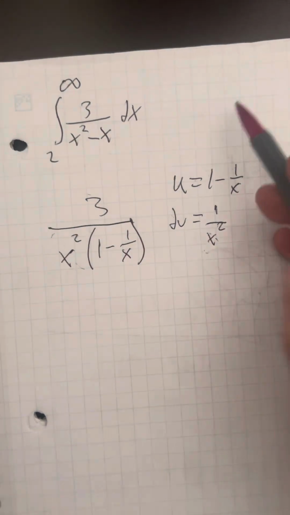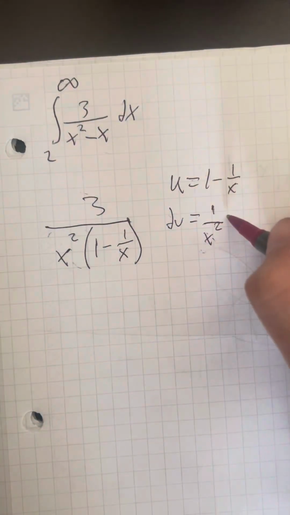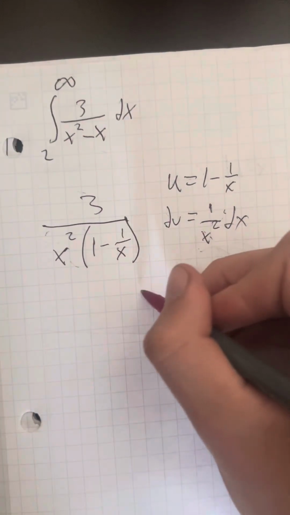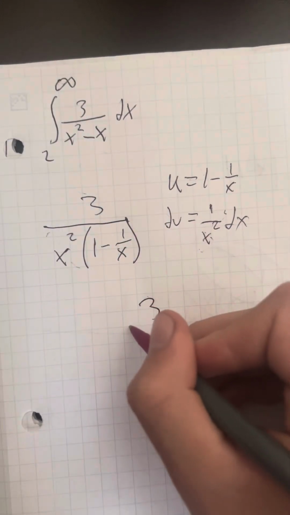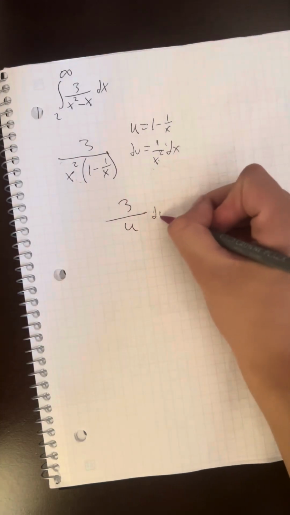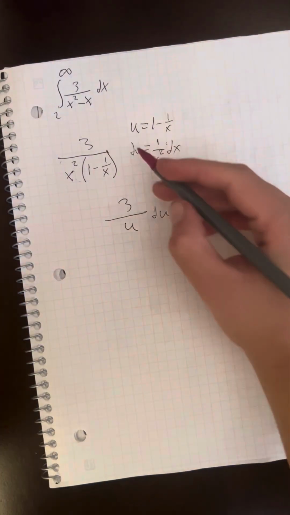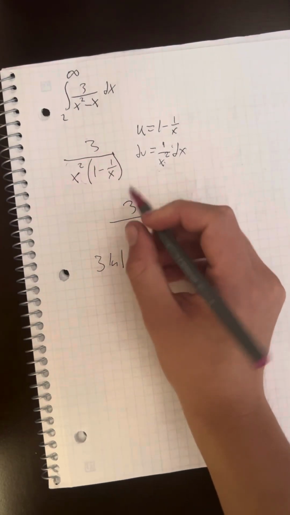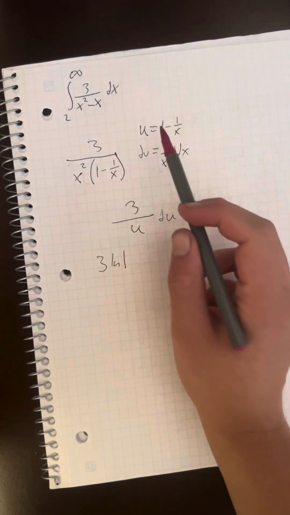Now, it'll just be, oh yeah, do you want to put dx? There you go. I don't really use that, but 3 over u du, and that'd be 3 ln of u.